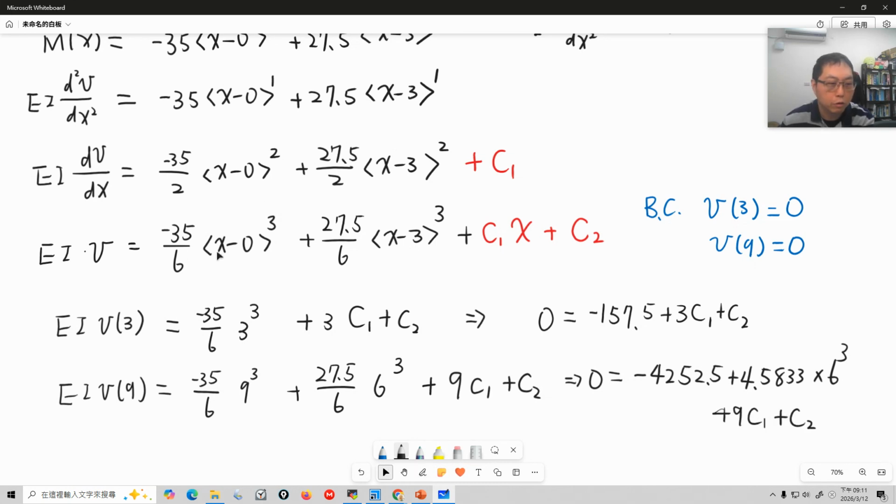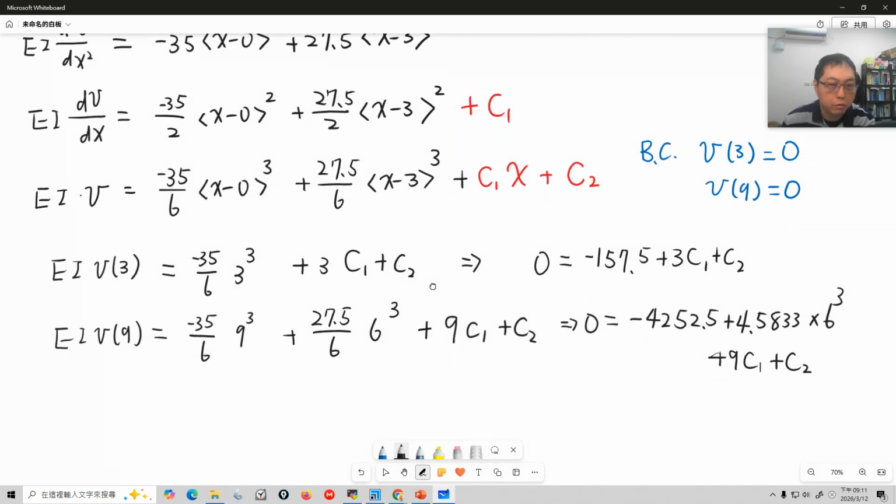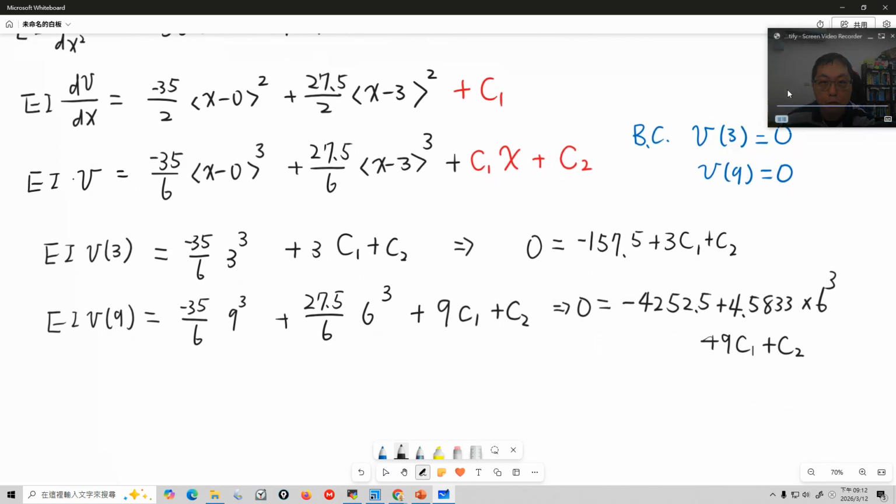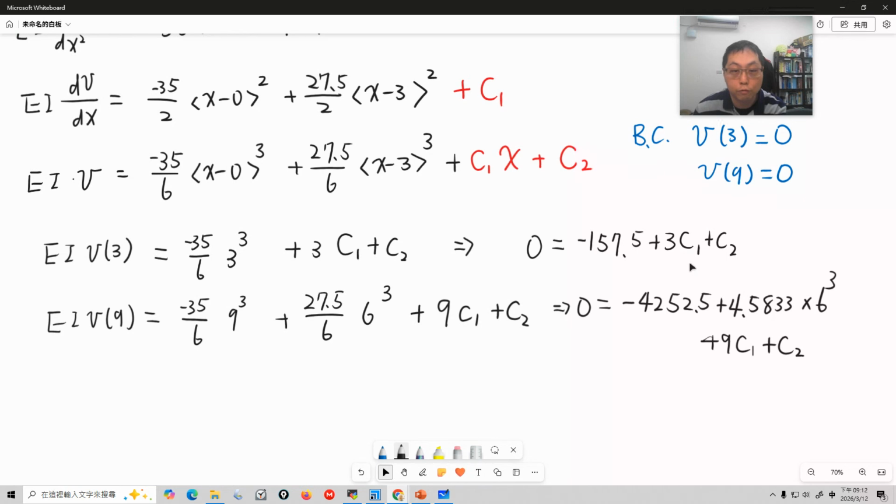So when you use these two boundary conditions, you have two equations for C1 and C2, so you can solve for C1 and C2. That's very easy calculation. Just try using your calculator to solve for C1 and C2.